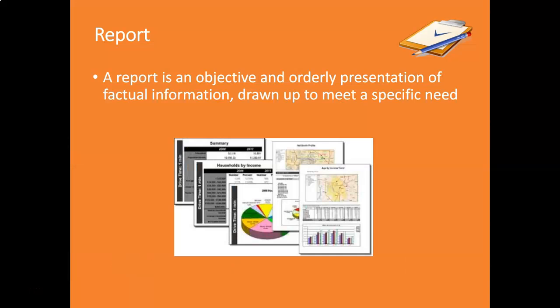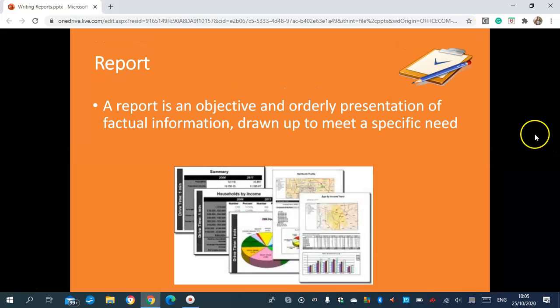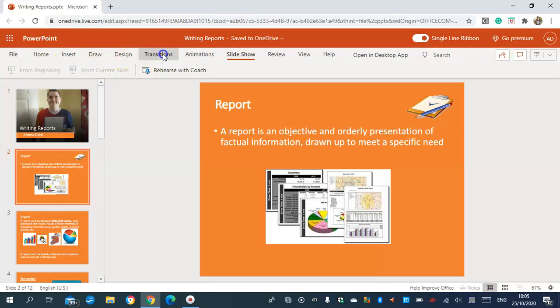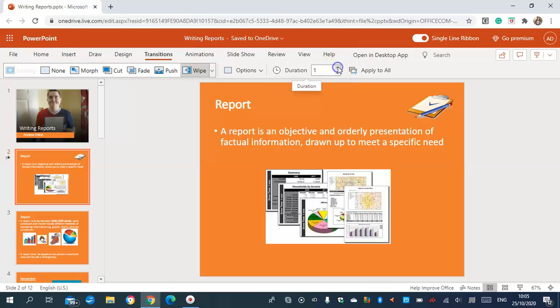Writing reports. This is the heading. Okay, so go to the next slide. Now before I do that, there's one thing I did not do yet. I need to set up the transitions. Wipe, change that to 3 minutes, and apply to all.